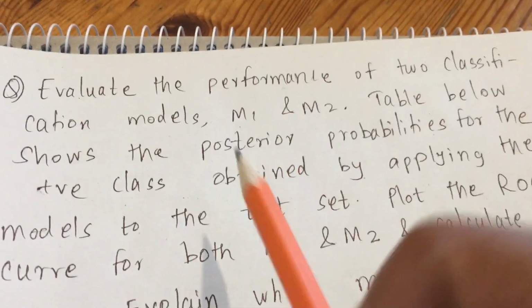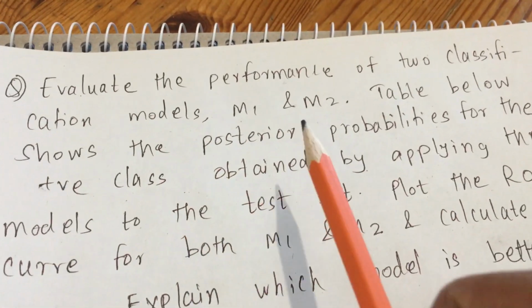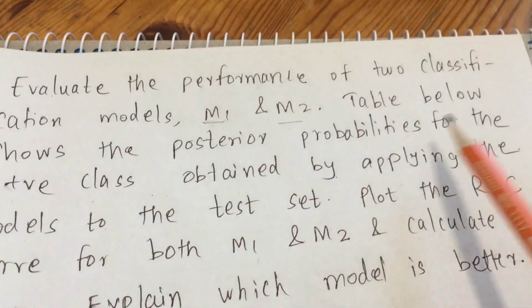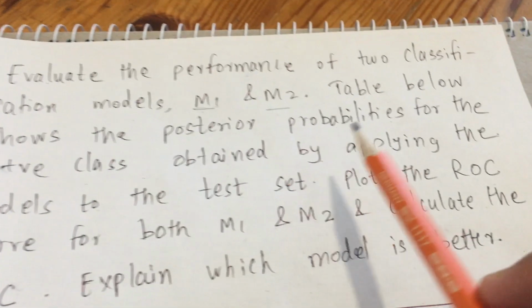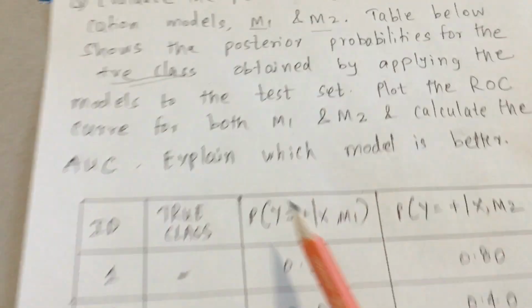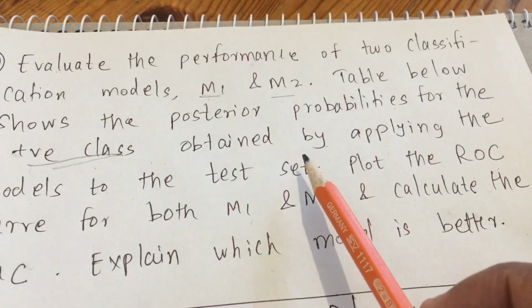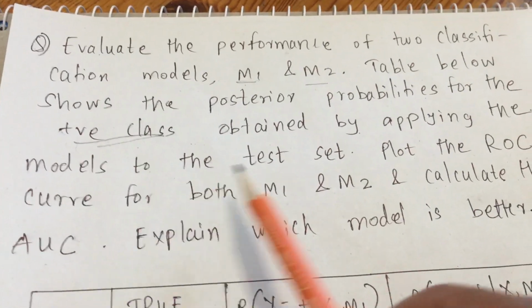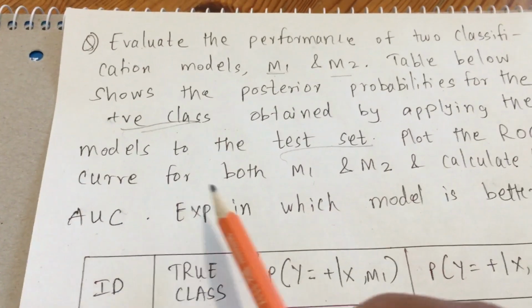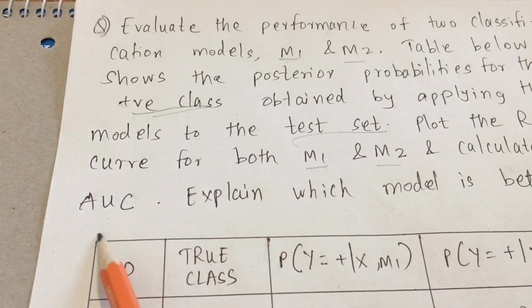So we have this problem saying that evaluate the performance of two classifier models. So we have two models, M1 and M2, and the table below shows the posterior probabilities for the positive class obtained by applying the models to the test set. Now we need to plot the ROC curve for both the models M1 and M2, and also calculate the AUC.